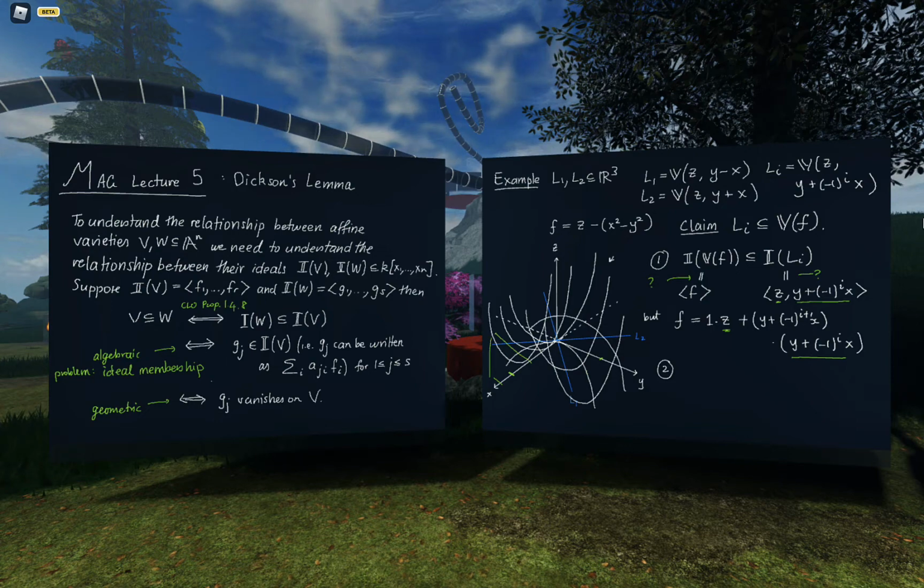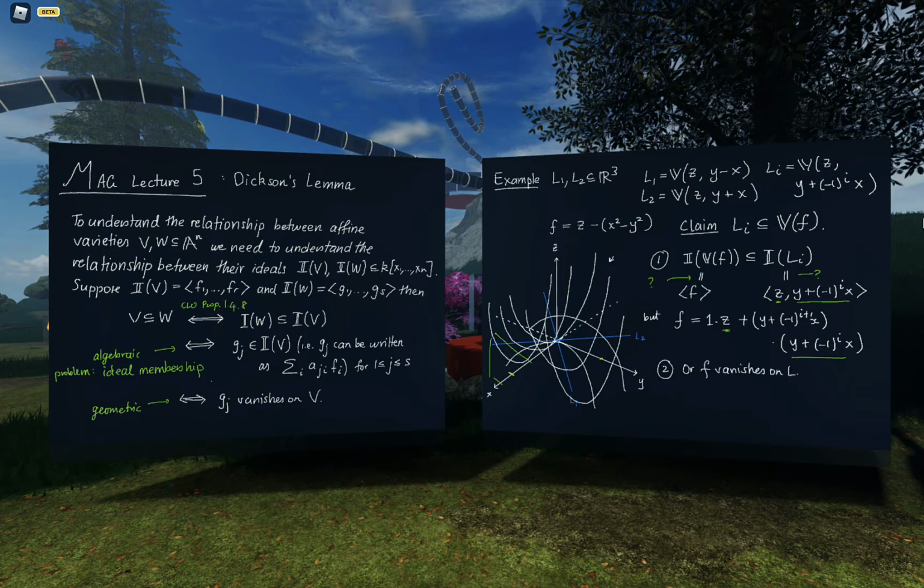Okay, so the other way we can check is, if I want to check this, it suffices to check that all the generators of this ideal vanish on V. V in my case is the Li. Or f vanishes on Li. I mean, that's clear from this expression, right?